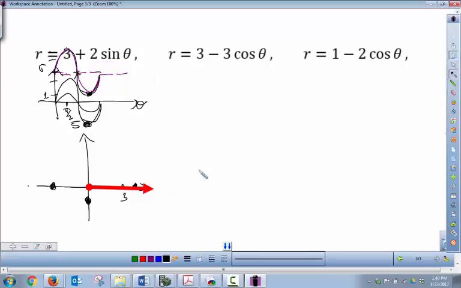So can you imagine how this thing's going to look like? I need to basically connect these points in a nice smooth way. I'll go up to 5, and I'll go back down to 3, and I'll go back to 1, and then back up to 3.